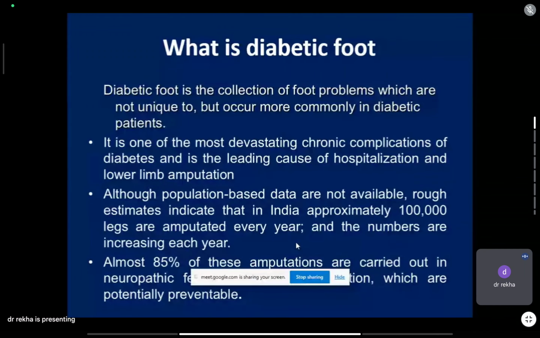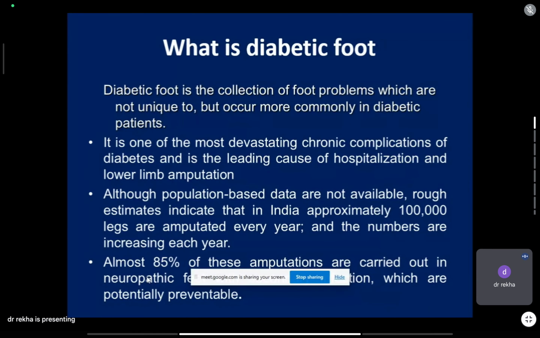A diabetic foot is a collection of foot problems which are not unique but occur more commonly in diabetic patients. It is one of the most devastating chronic complications of diabetes and the leading cause of hospitalization and lower limb amputation. More than 1 lakh people have a leg amputated every year, and this number is going to increase.